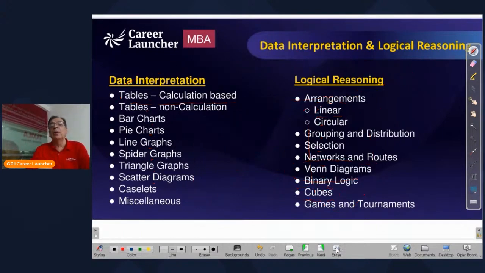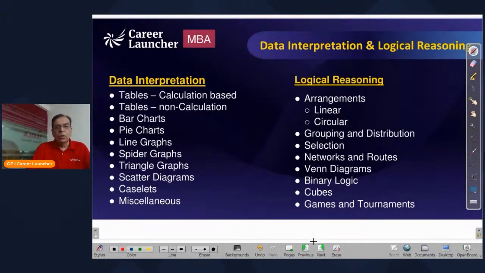So when you start preparing, while you start doing individually, sooner or later you need to move to the other side and say, okay, how do I handle it when they are a combination, which means DI in combination with LR, selection in combination with linear arrangement, and other ways. Networks and routes and how they combine with others. So these are the things which you need to keep doing.